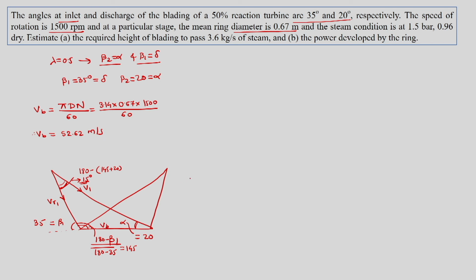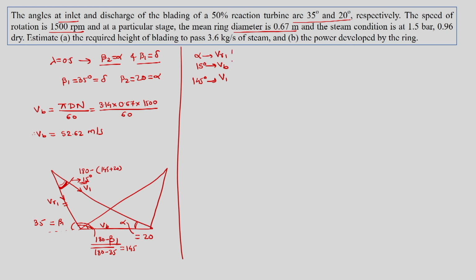So what we have is alpha is the angle across which we have side VR1, the 15 degree angle is across side VB, and this angle of 145 degrees is across side V1.